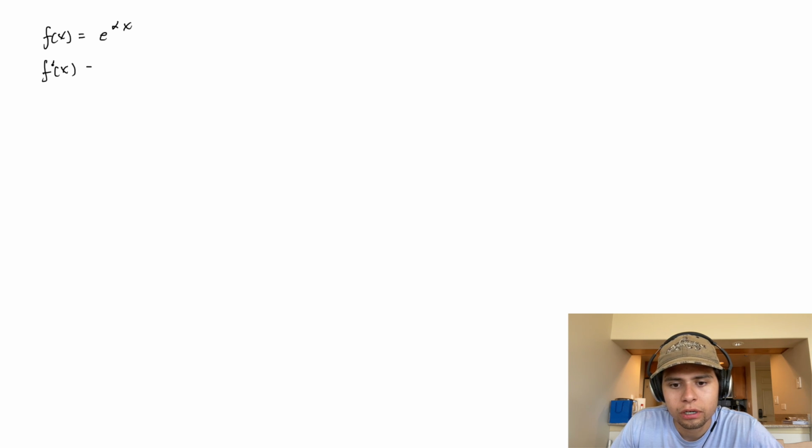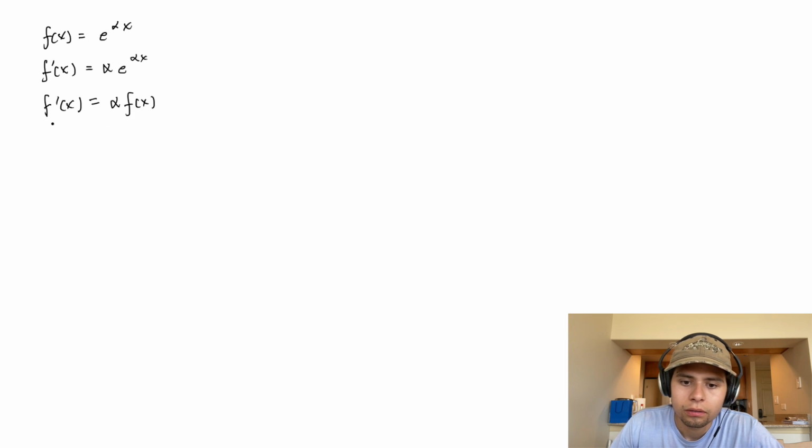So if we want to find f prime of x, we know what the derivative of this is, something that you go over in calculus 1: alpha e to the alpha x. So we can actually write f prime of x as alpha f of x.